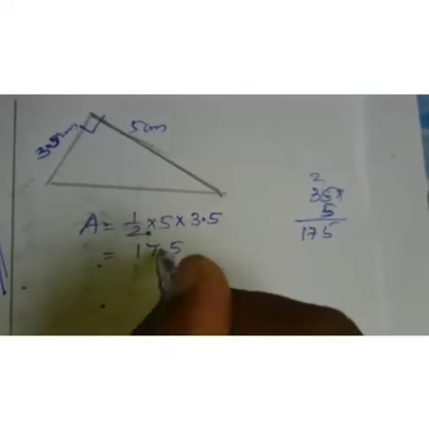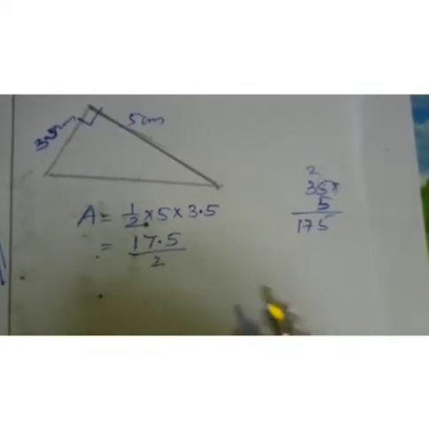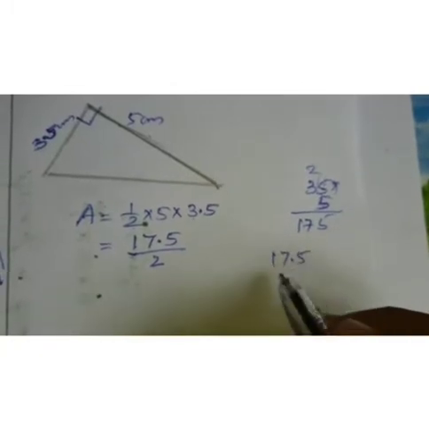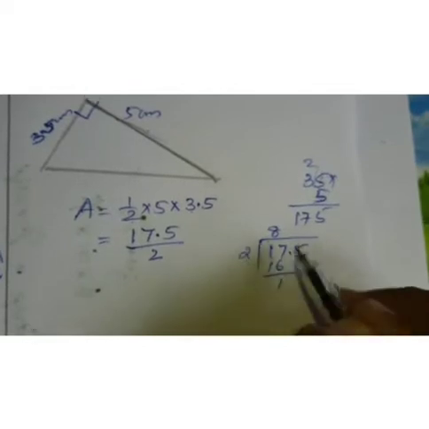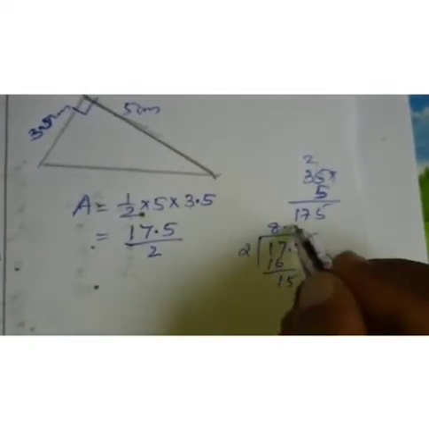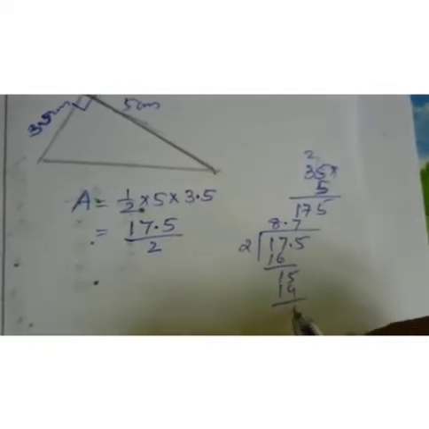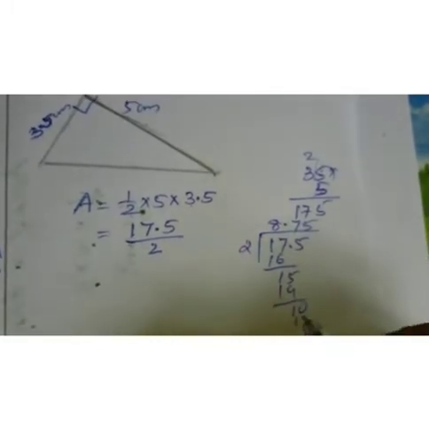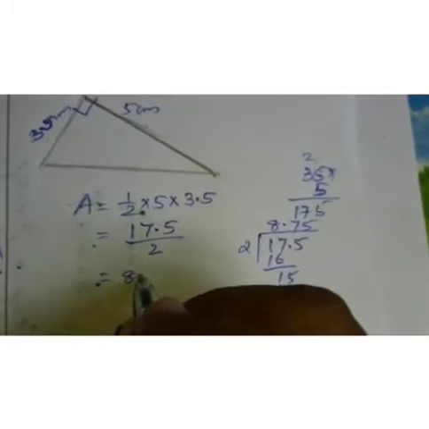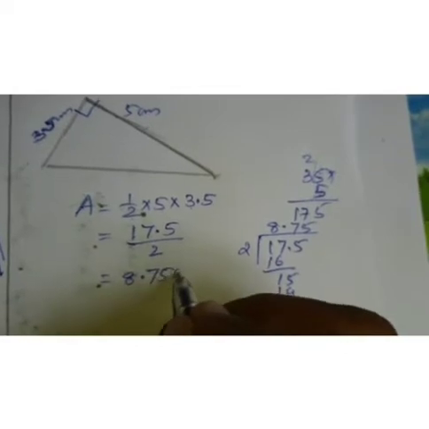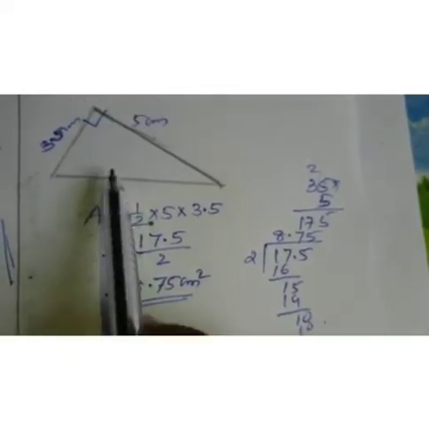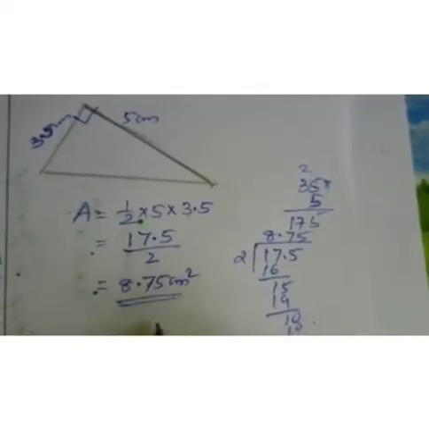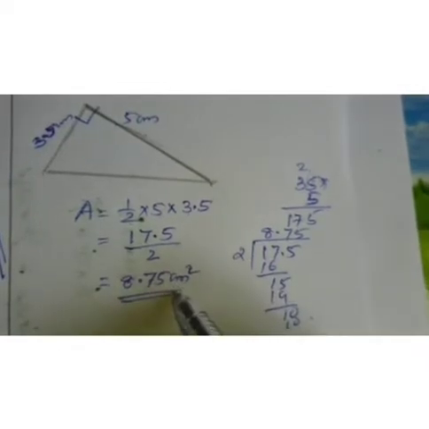Here 1 decimal, so 17.5 divided by 2. 8 2s are 16. Remainder 1. 15, 7, 14. So 5 2s are 10. The answer we are getting is 8.75 centimeter square. So the product of two perpendicular sides and take the half, we will get the area of the triangle.